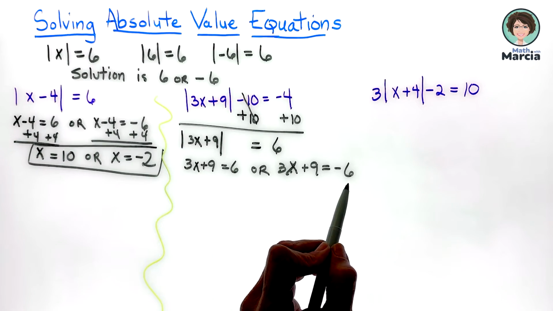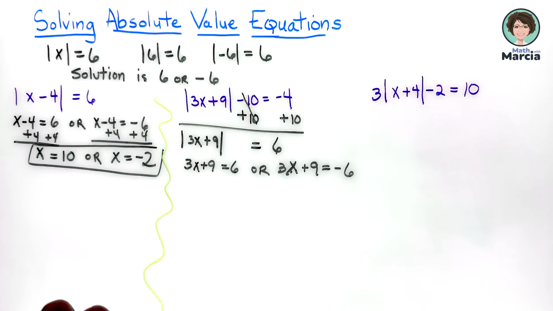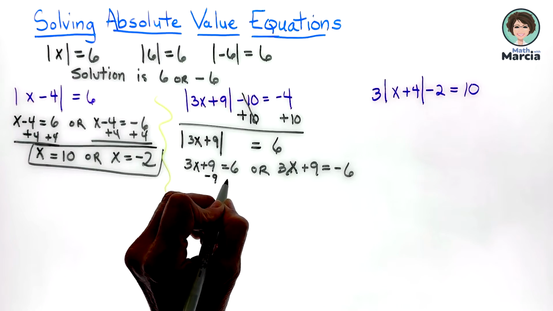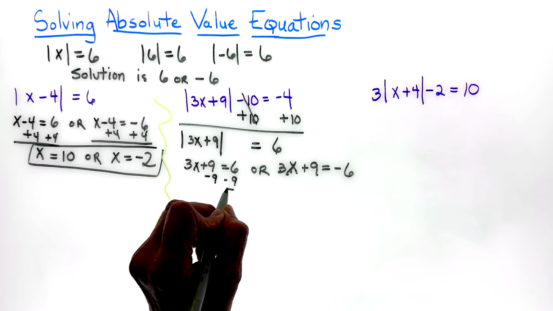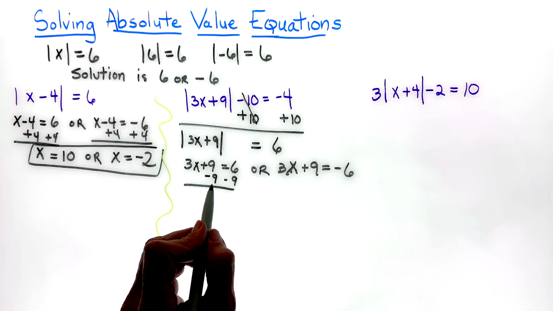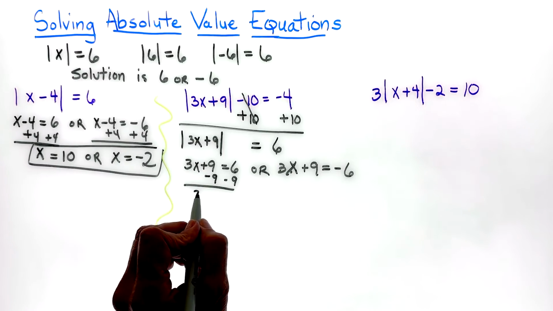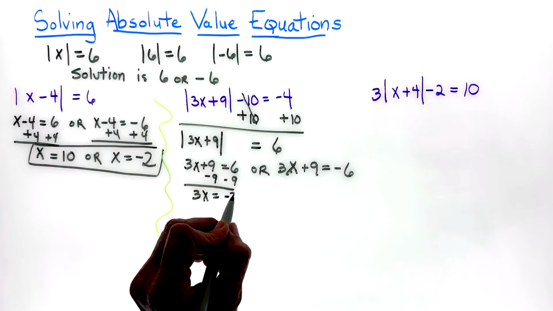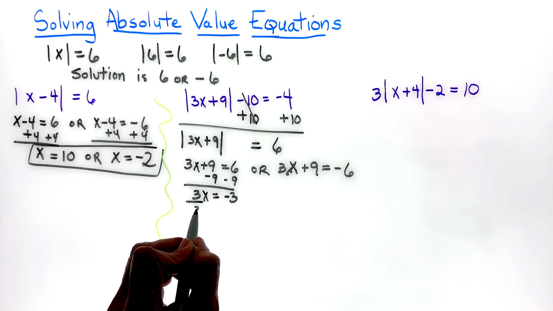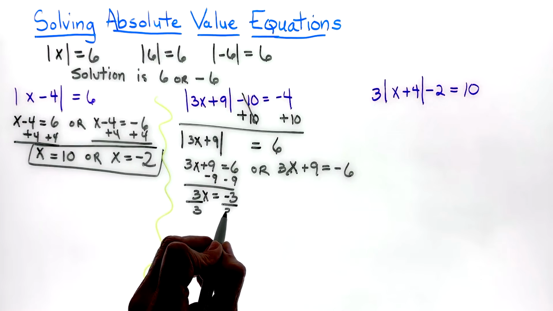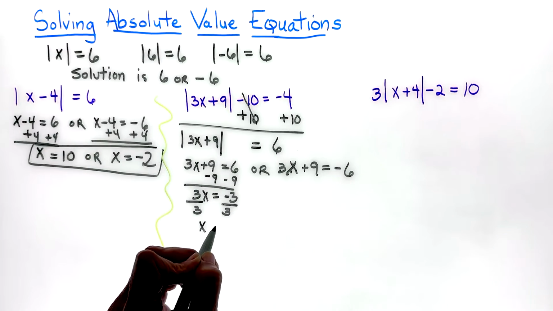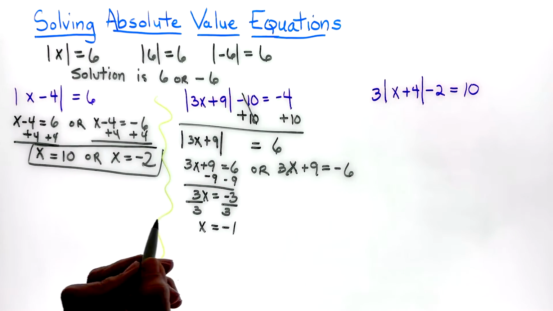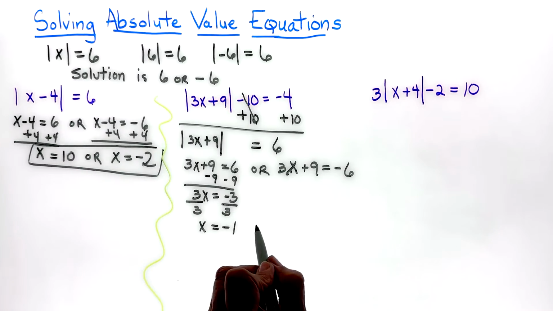And then we solve the little equations, which you're used to solving by now, so it should not be too hard. For the first one, we're subtracting 9 from both sides, so 3x equals 6 minus 9, which is a negative 3. We're dividing by 3 on both sides, so x is equal to a negative 1. That's our first solution.